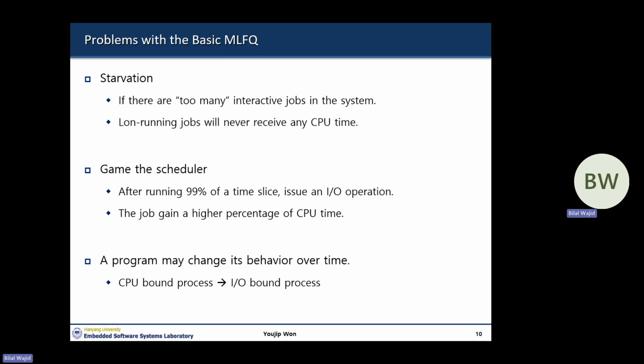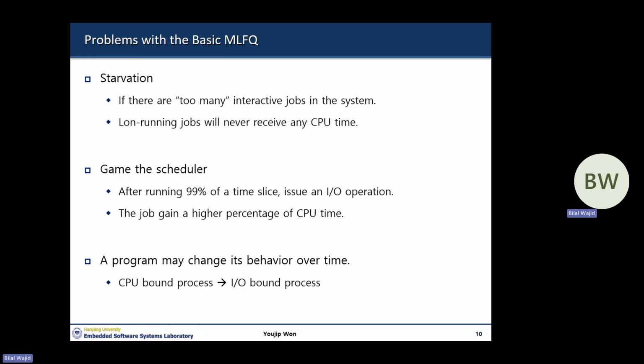And a program may also change its behavior over time. Let's say it's a CPU bound process, it has trickled down over the different time slices, from Q2 to Q1 to Q naught now. So it was a CPU bound process, now it's completely at Q naught. Well, if it's at Q naught, it stays at Q naught.